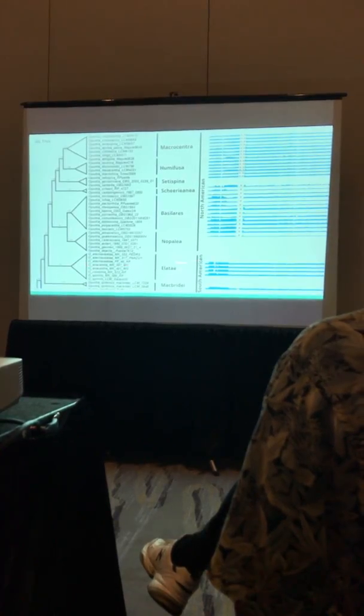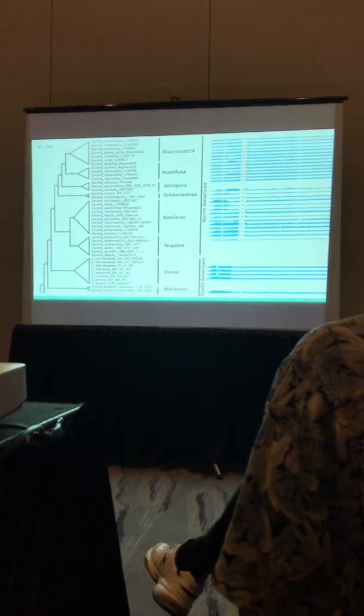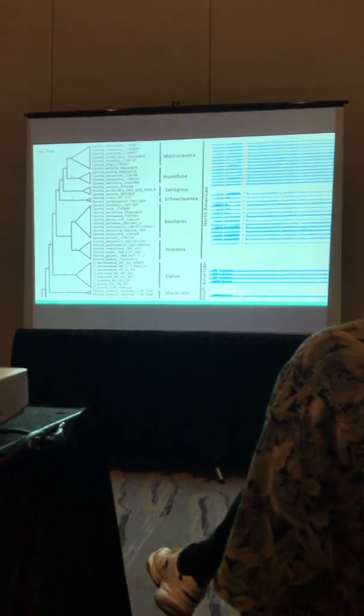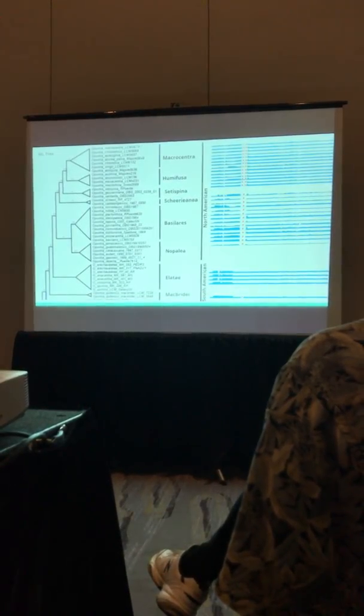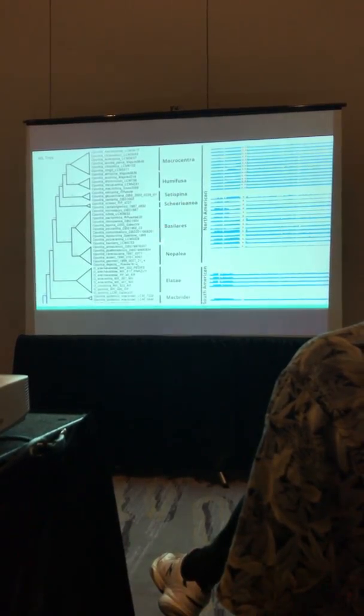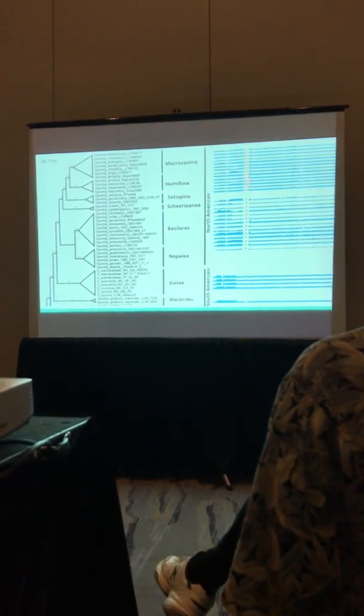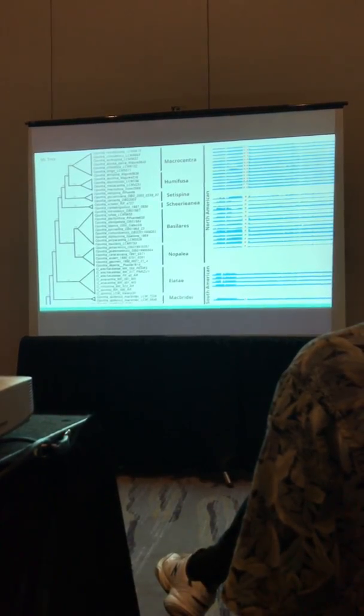We have a full YCF2 in the Elata clade. A small loss of YCF2 in the Macbridei clade. For the Cactoid, Sherian, Basilaris, and Nopalea clades, a completely low coverage of the YCF2 region. And in the Macrocentra and Humifusa clades, we have just a peak of coverage of YCF2.